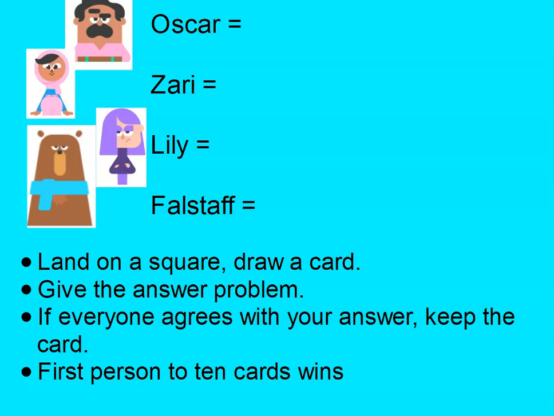If I'm clever, I know which ones we've been working on. I'll say Oscar's all the blue cards, Zari the green cards, Lily's going to get stuck with yellow today, and Falstaff is orange. I can randomly put that out, write it on the board, and maybe I've got purple, so I'll just write purple.